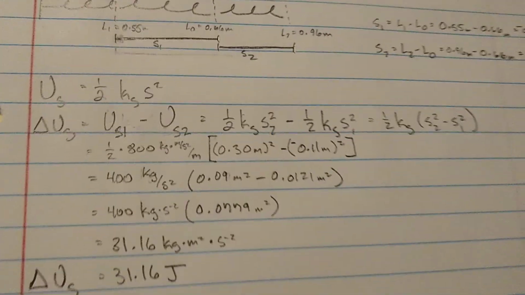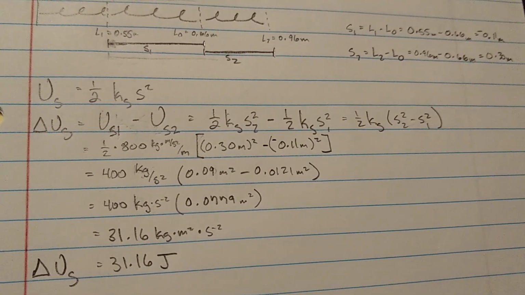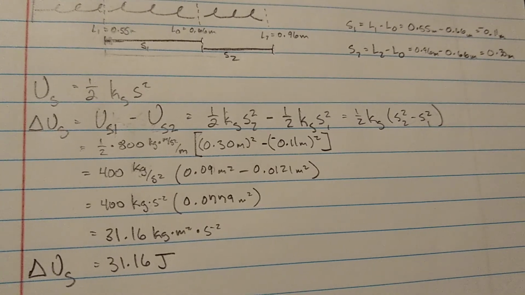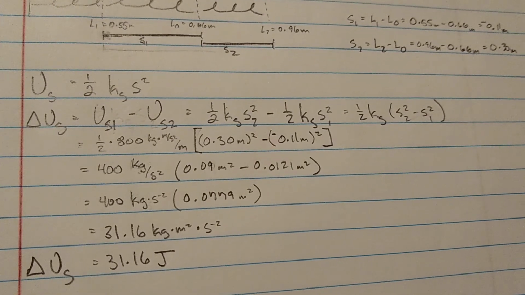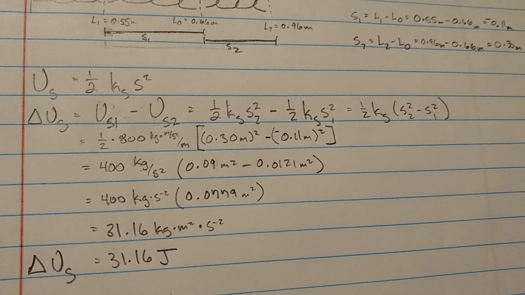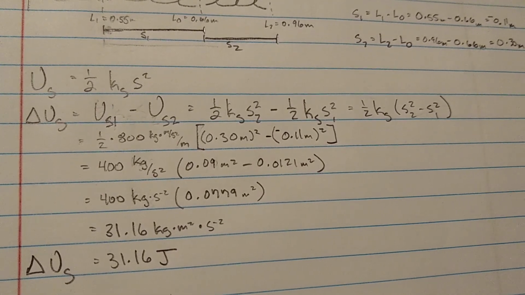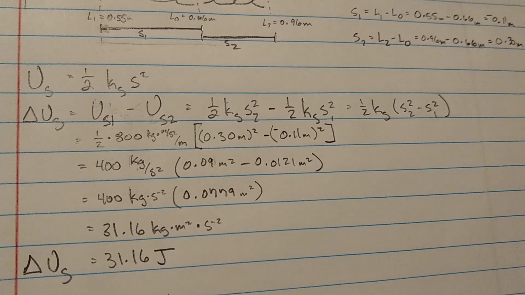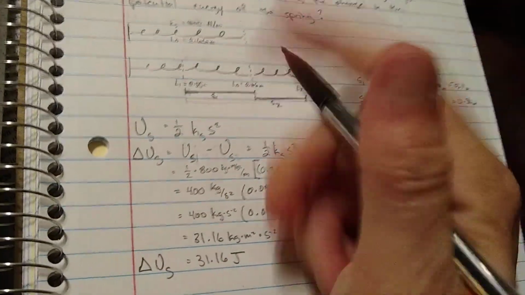And here's our formula for the potential energy in a spring. Like we said, it was 1/2 stiffness times the stretch or compression. And we're looking for the change in the potential energy of the spring. So we do the potential energy 2 minus 1.